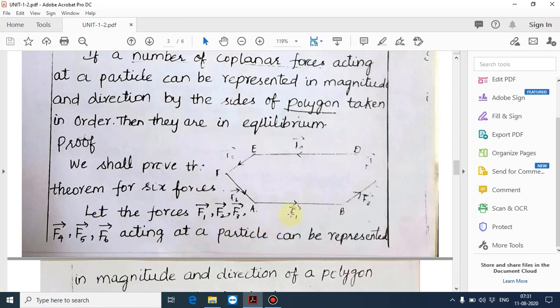You see here AB is equal to F1, BC is equal to F2, CD is equal to F3, DE is equal to F4, EF is equal to F5, and FA is equal to F6. You are taking in these directions.